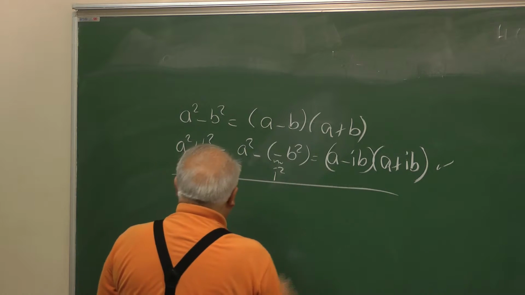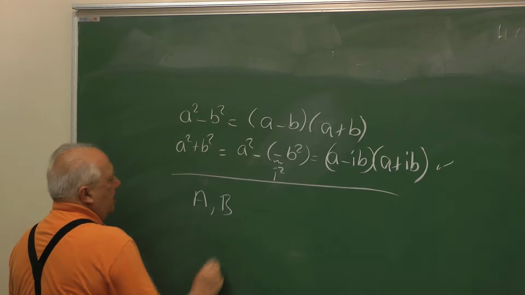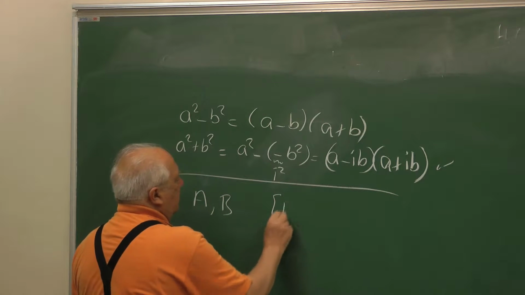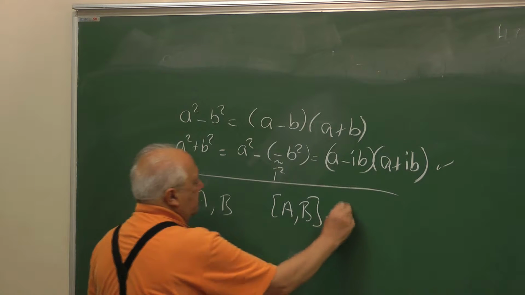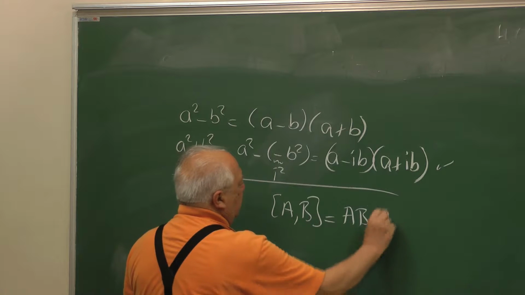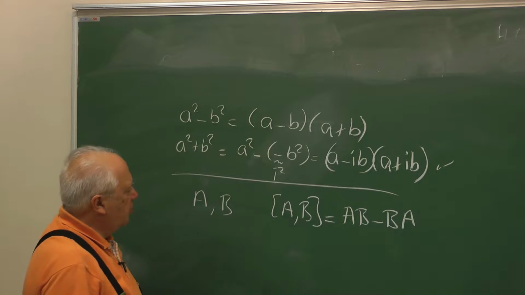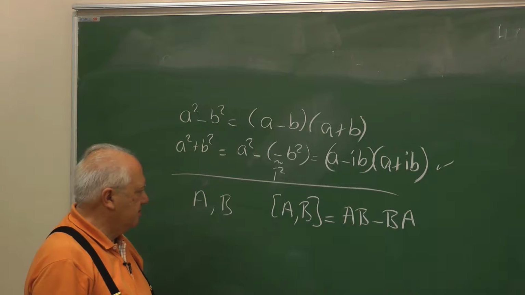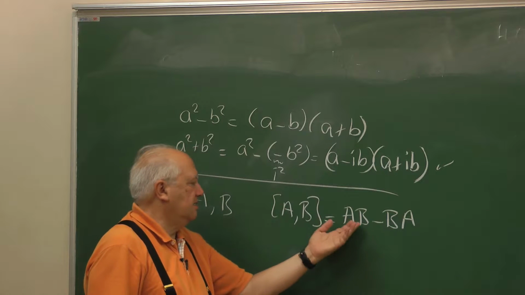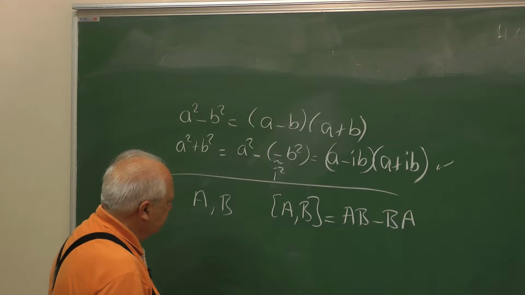So we shall use this. Second is the commutator. If you have two operators, A and B, then the AB commutator is defined as AB minus BA. If the commutator is not 0, AB is not equal to BA. If it is 0, then you can interchange the order.